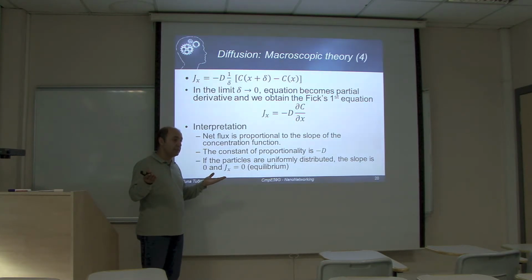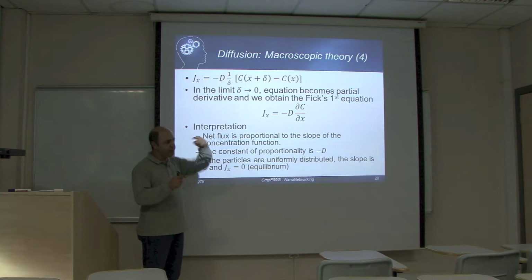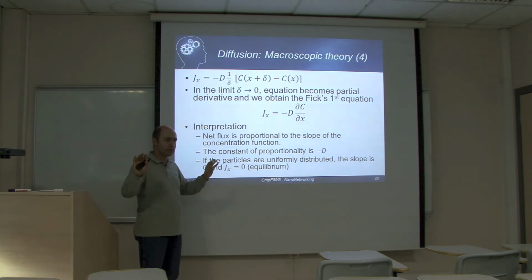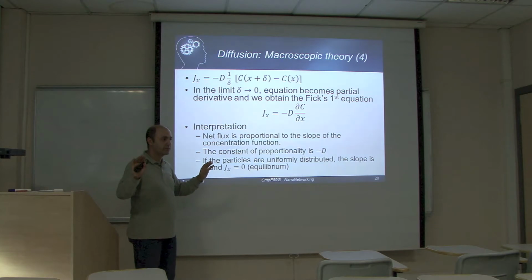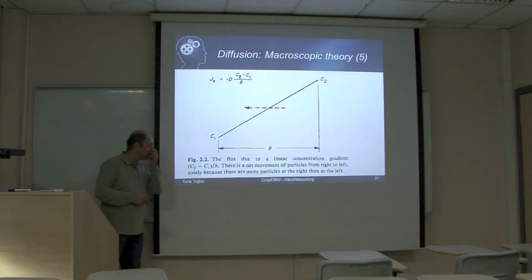It doesn't mean there is no flow of molecules. There will be, even in the case of equilibrium. But if 5 of them are going this way, 5 of them will go this way. It doesn't mean the movement has stopped. That would happen only at absolute 0.